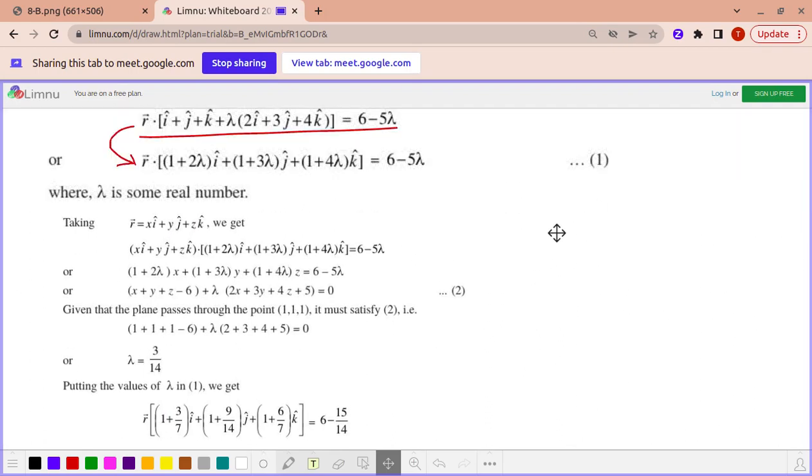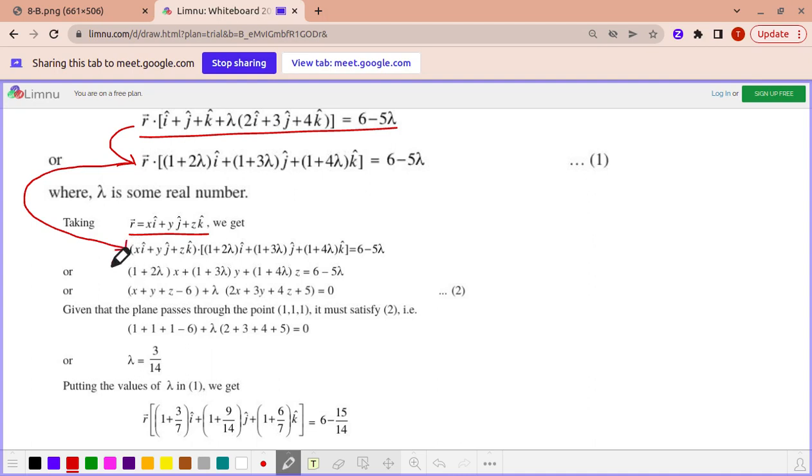So that was the previous equation. From this equation we get this equation after considering r vector as x i cap plus y j cap plus z k cap. After that we simplify the dot product.